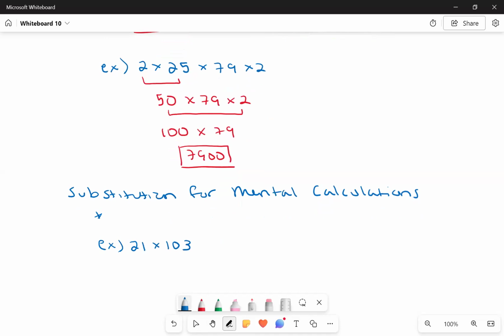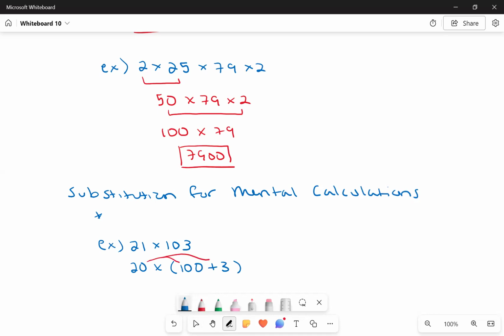As is, I probably can't do that in my head. So I want to be smart and rewrite one of these numbers in a way that helps me do the mental calculation. I see the number 103 and I think, well, that's 100 plus 3. Here's what I notice about this. This is a distribution.